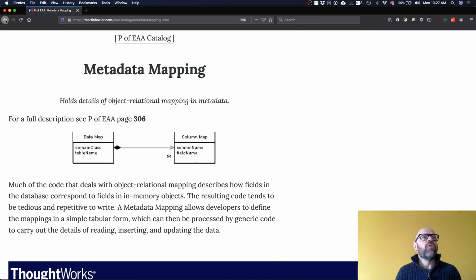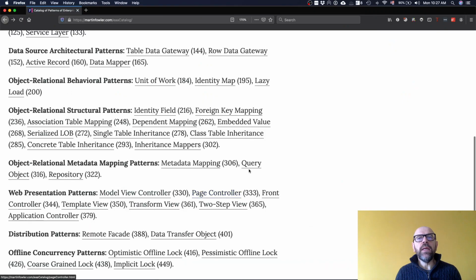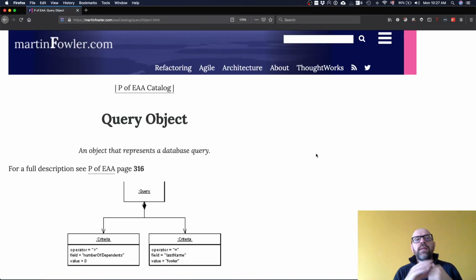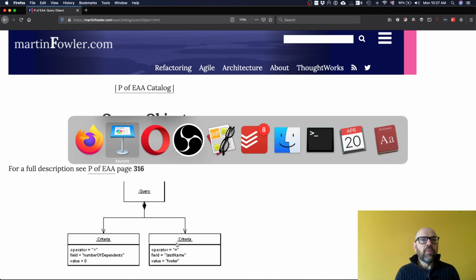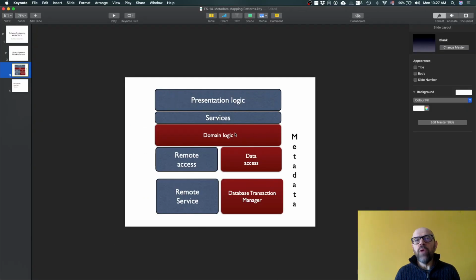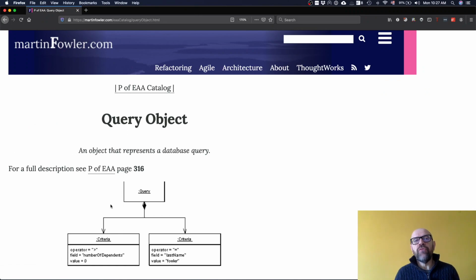Okay. So the other one is query object, and the idea of query object is to have queries written in a way that is completely independent of the structure of the database. So you create criteria, and this is independent of the structure of the database. So again, what we are talking about is basically you have your queries written in an object-oriented way, in a way that can ignore the structure of the database, which means that you need some metadata from these.